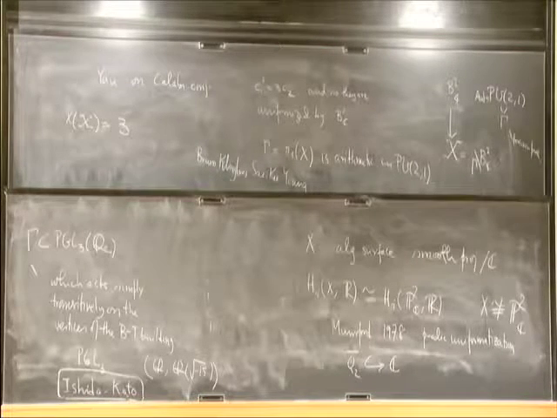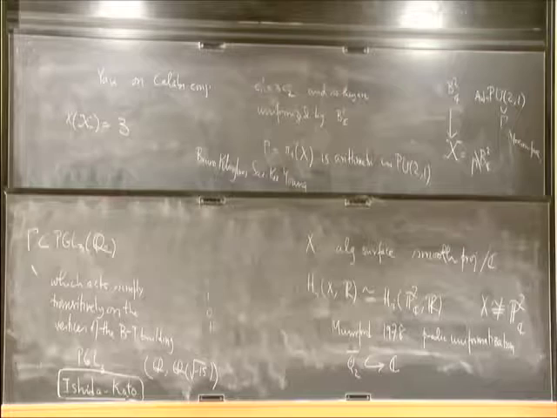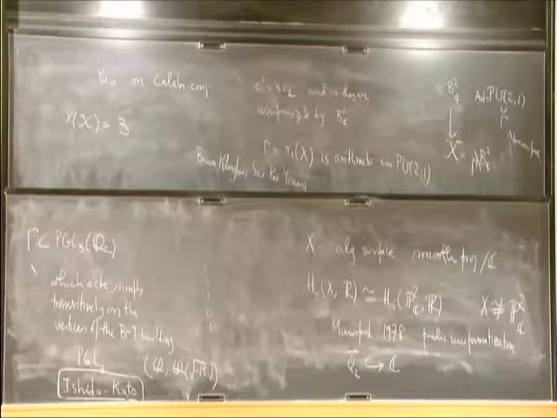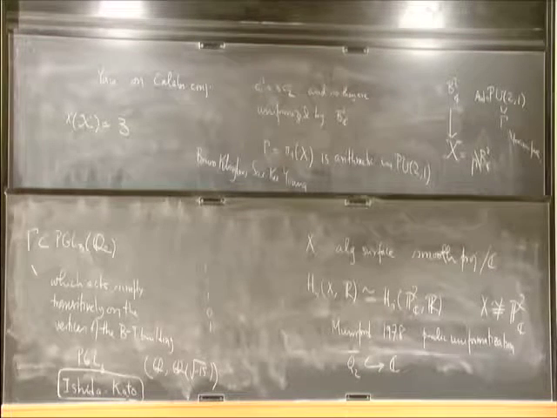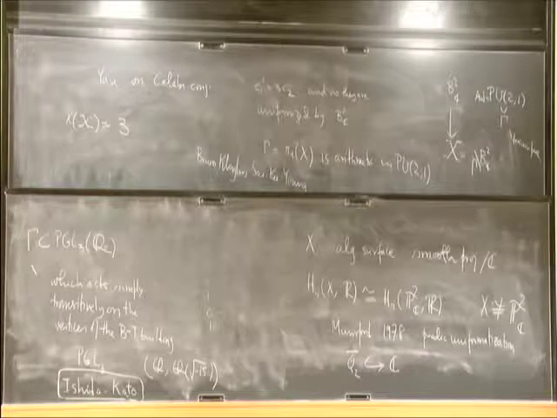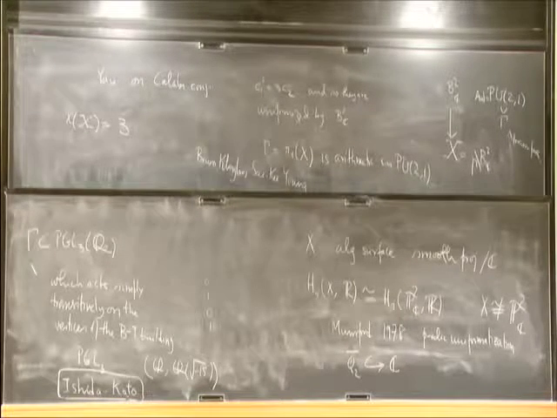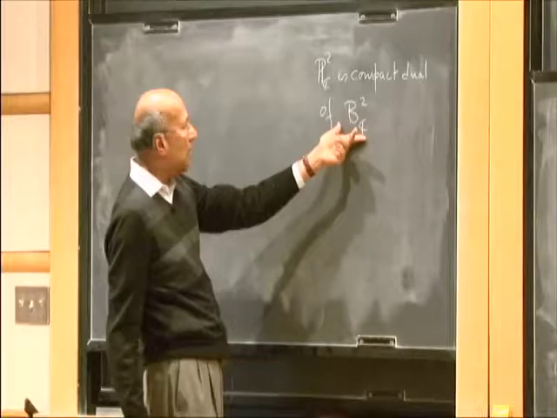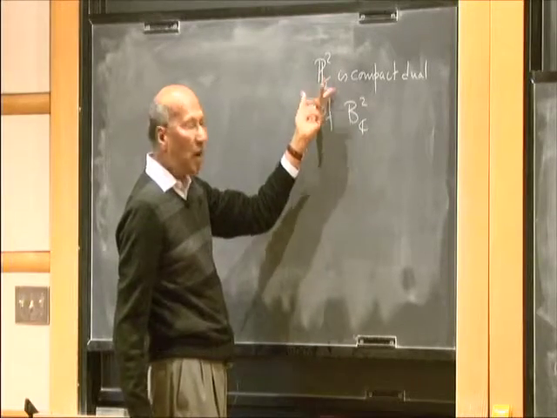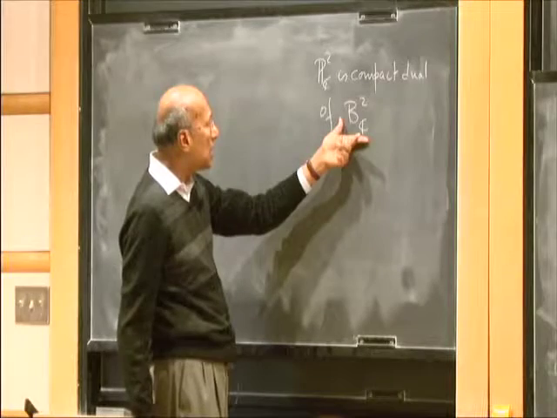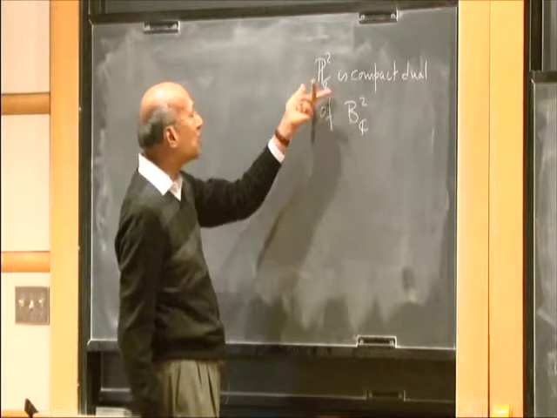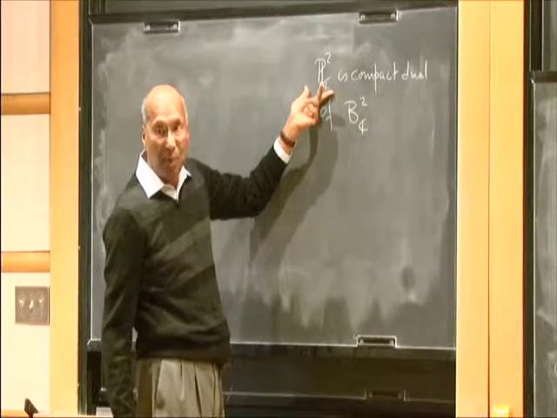See, P2 is a compact dual. So P2C is compact dual of B2C. So we are looking at Hermitian symmetric space and its compact dual. And I want quotient of this Hermitian symmetric space to have same real cohomology as the compact dual.